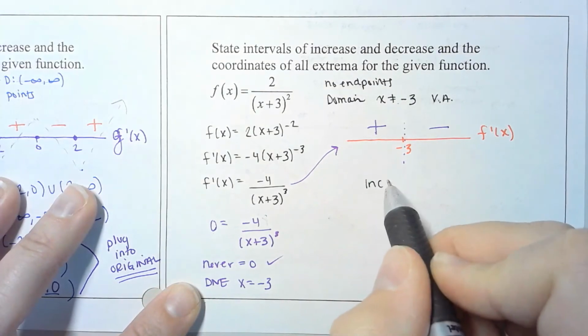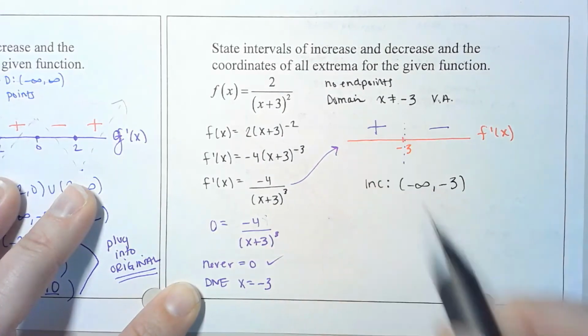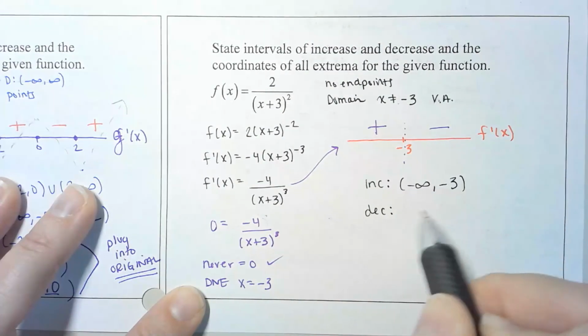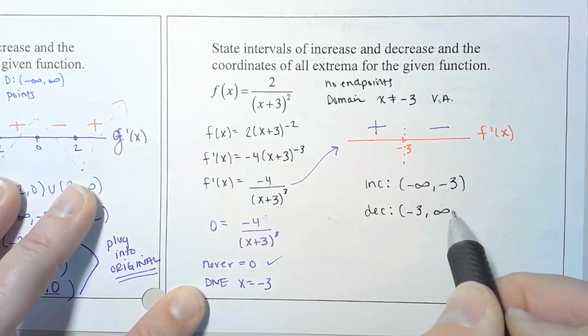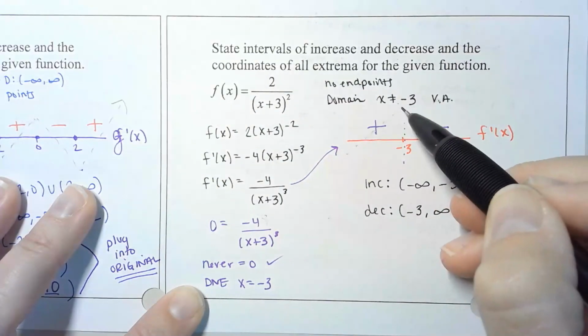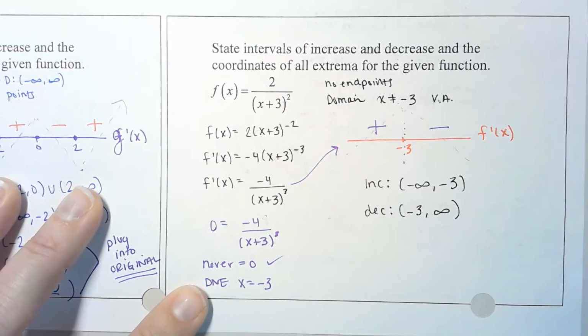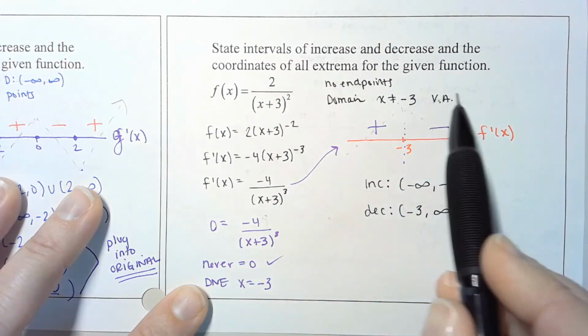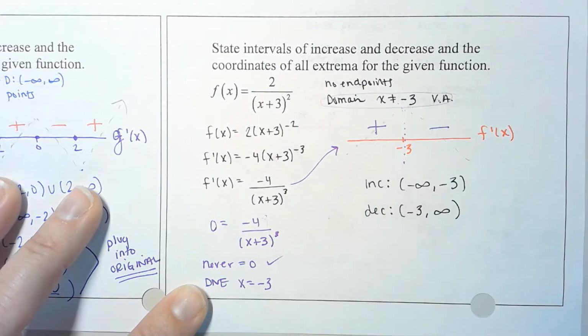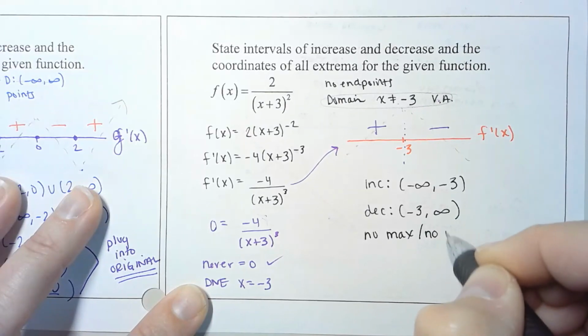This tells me that my graph is increasing from -infinity to -3, right? My derivative is positive. It is decreasing from -3 to infinity. It might be tempting to say we're going from increasing to decreasing, so it might be tempting to say that there's a maximum at -3, but remember, nothing is at -3. Right, so we're going to say there's no max, there's no min.